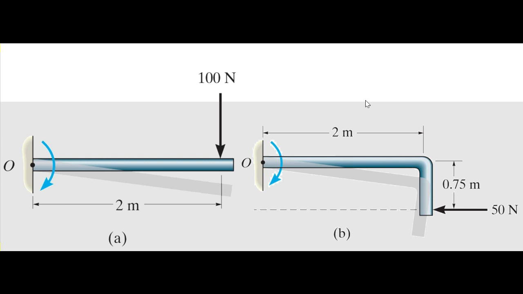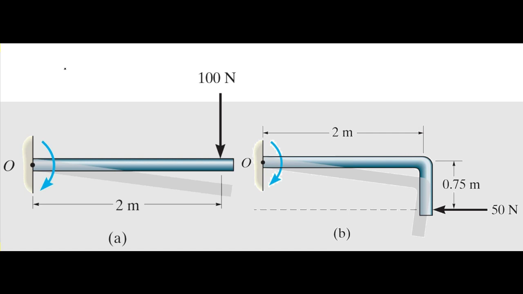The 100 Newton load, when it's applied, results in a moment at point O. And so we want to be able to calculate that moment. How can we start to begin doing this?